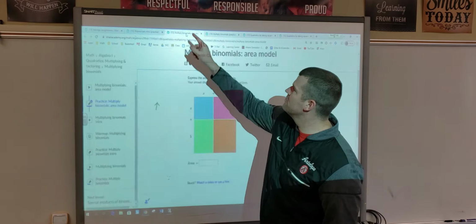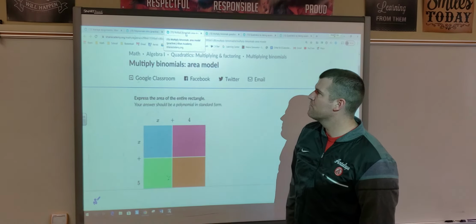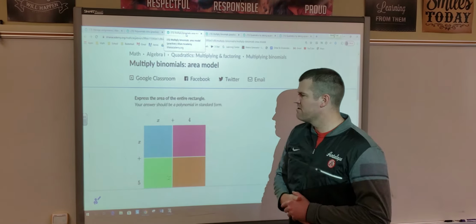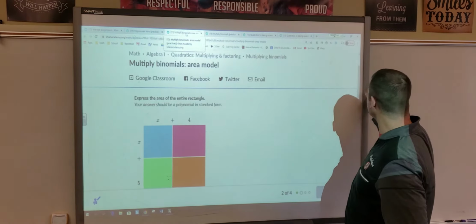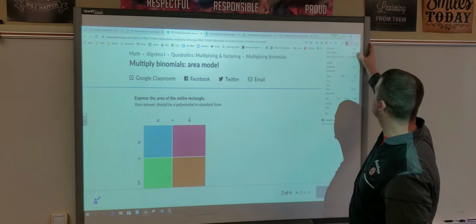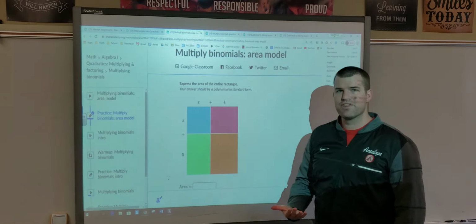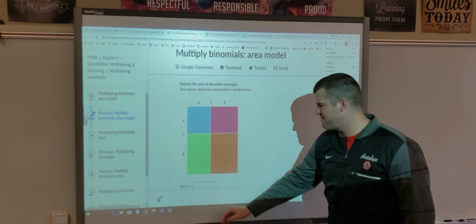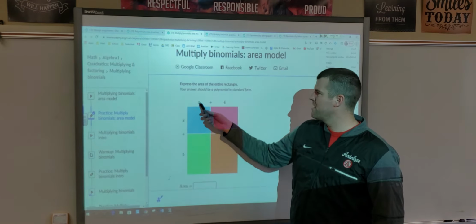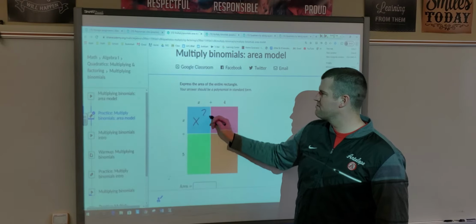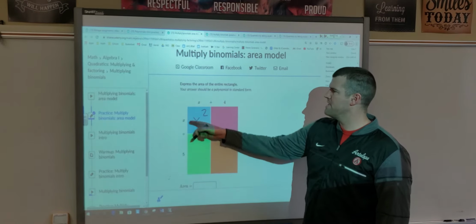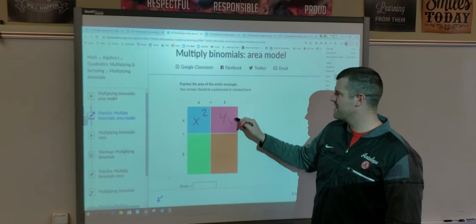All right, on to multiplying binomials using an area model. This might look a little bit different, but it's really just the same thing we were doing in class with the box. So to get this first box here, I'm going to do x times x, which is x squared. This one's going to be x times 4, which is 4x.